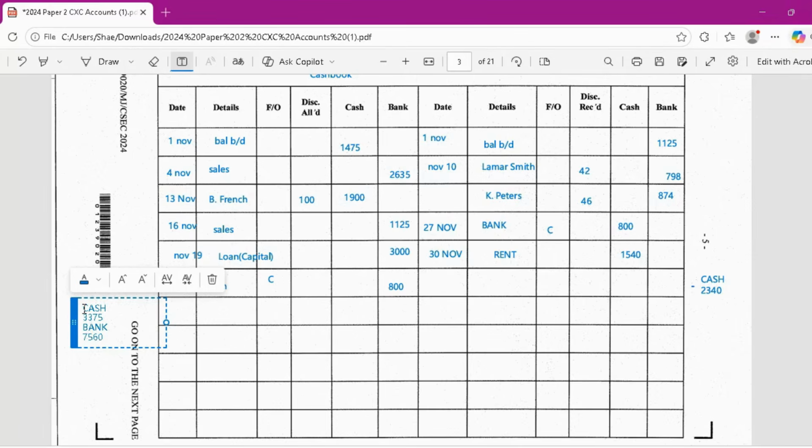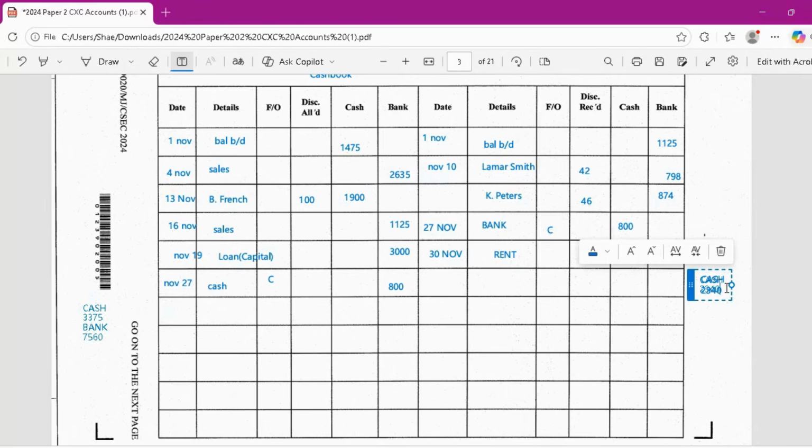On our credit side, we have bank of 2,797.